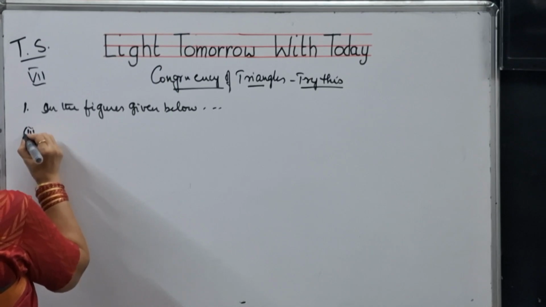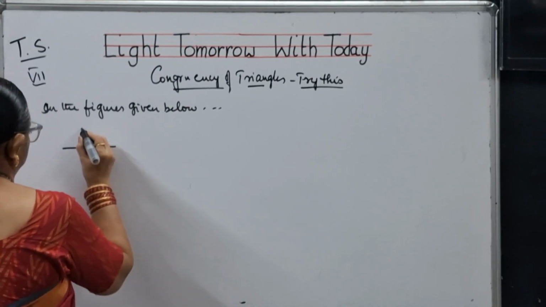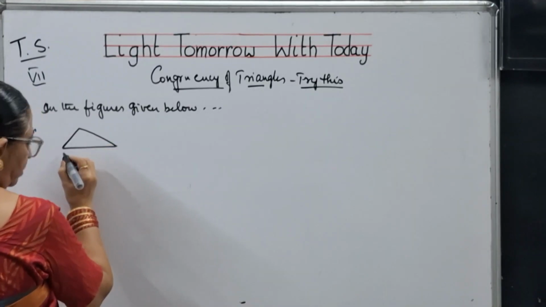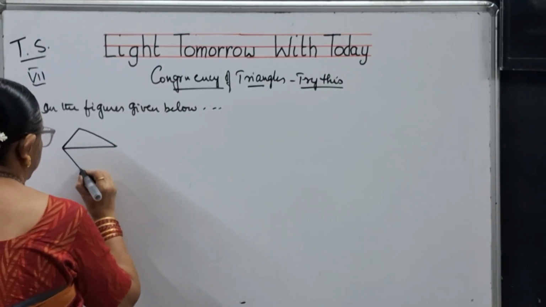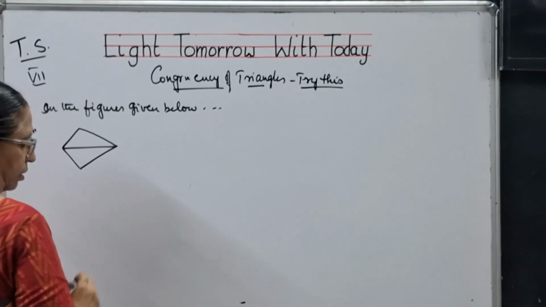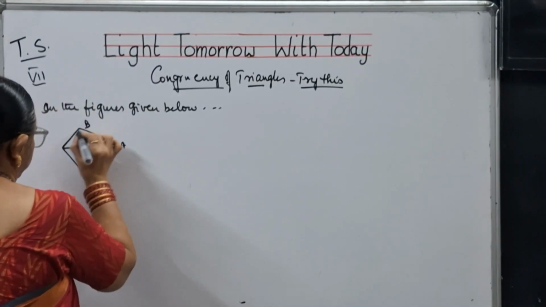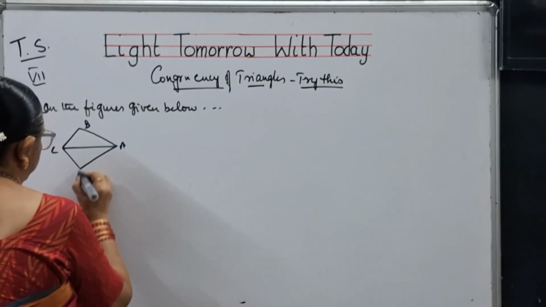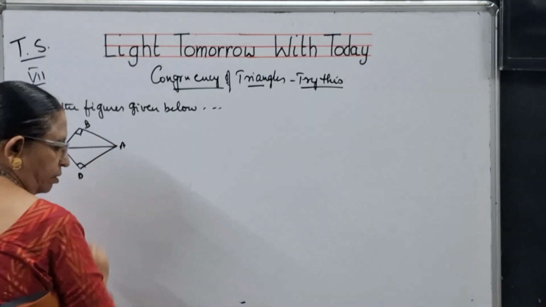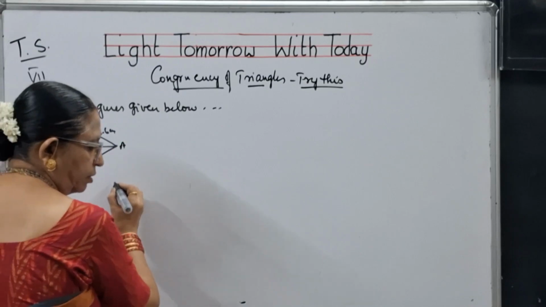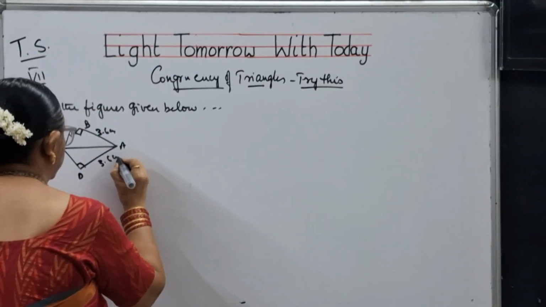Third figure, you have got this like this. A, B, C and D. These 2 angles are 90 degrees, 3.6 centimeters, 3.6 centimeters.